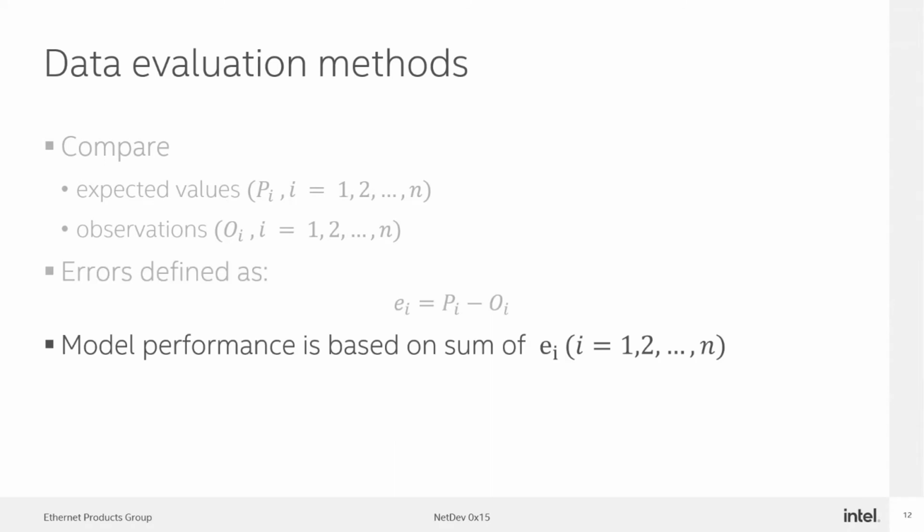Math, and more precisely statistics, offers several metrics which can be used for data evaluation purposes. Each of these metrics is focused on different data features. Some of them might indicate an error with a greater influence on the final result. Some might indicate model bias rather than error magnitude.